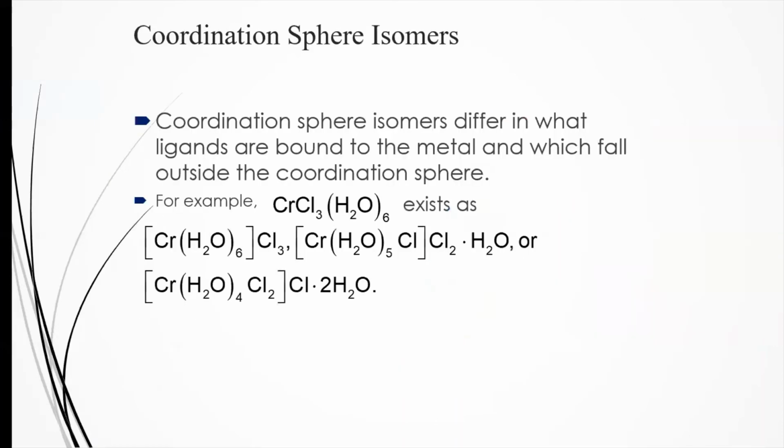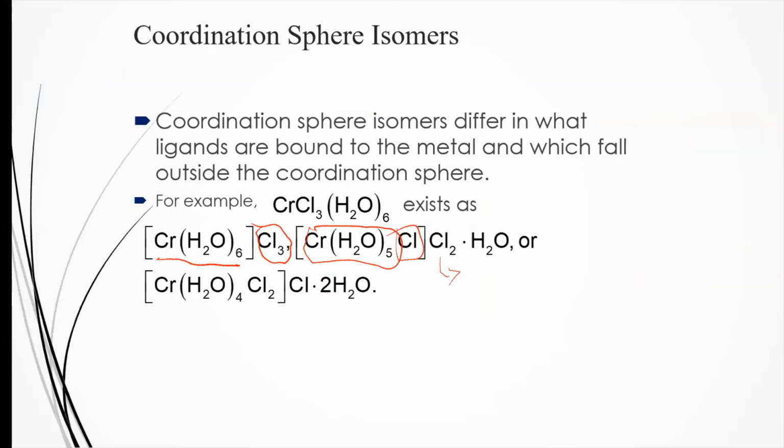A coordination sphere is different in that it's which ligands are bound to the metals and which ones are outside of the sphere. So this would be like if we had metal hydrates. One version has them where our chromium is attached to the waters and then these anions float around outside. In this other one, the waters are attached to the chromium with one of those chlorines and only two of those anions are not attached.